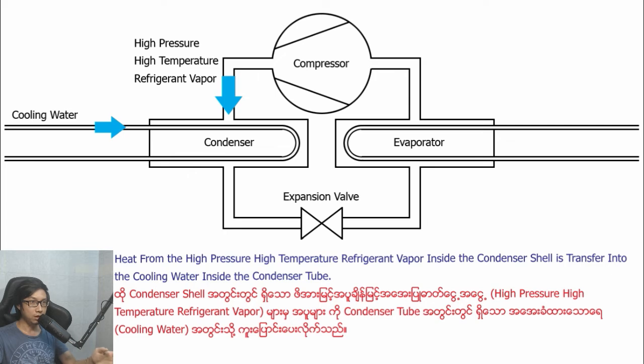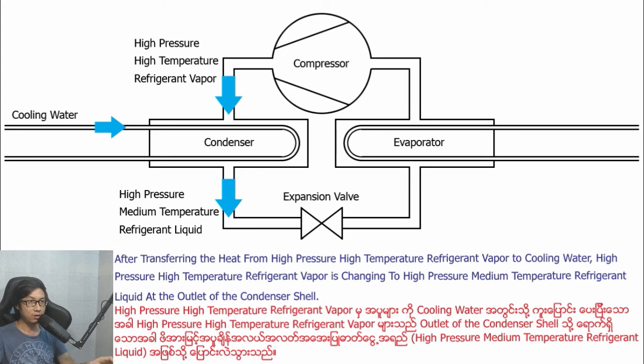Heat from the high pressure, high temperature refrigerant vapor inside the condenser shell is transferred to the cooling water inside the condenser tube. After transferring the heat to the cooling water, the high pressure, high temperature refrigerant vapor changes to high pressure, medium temperature refrigerant liquid at the outlet of the condenser shell.